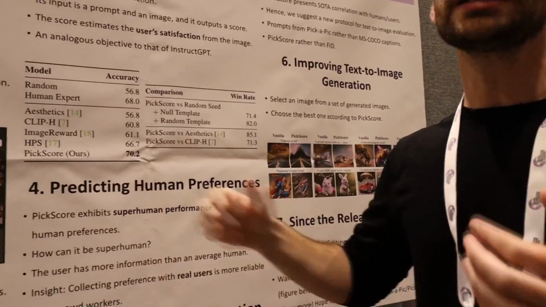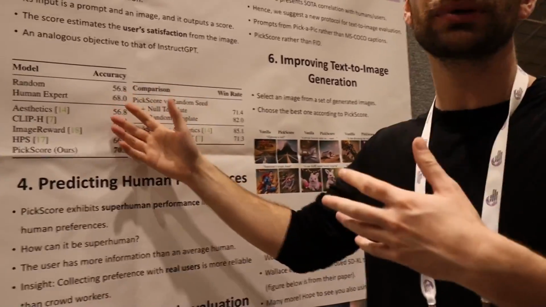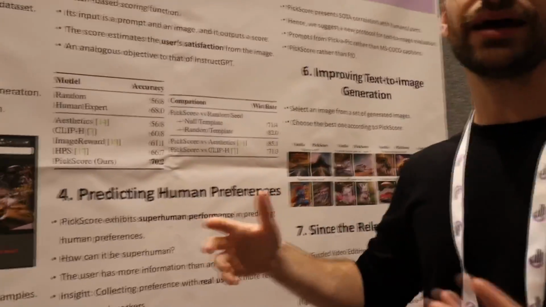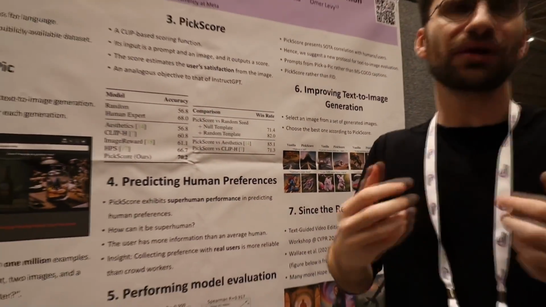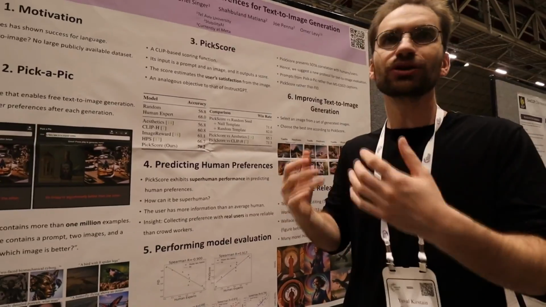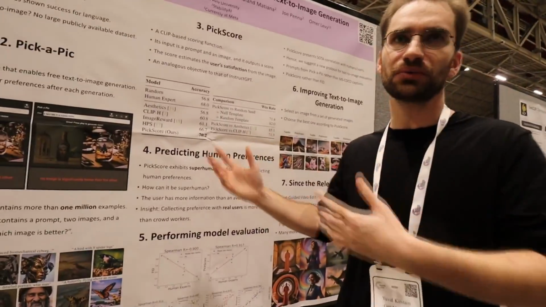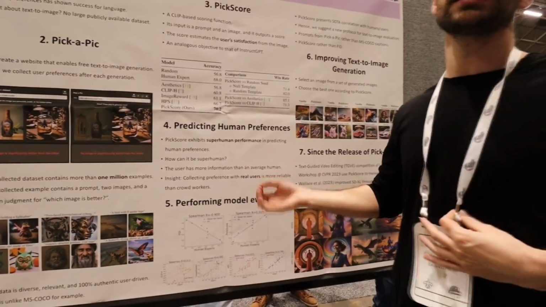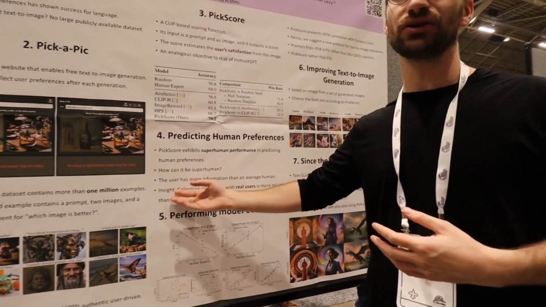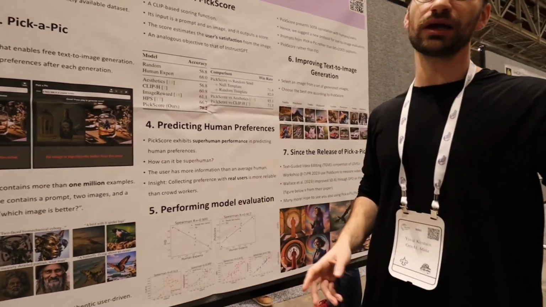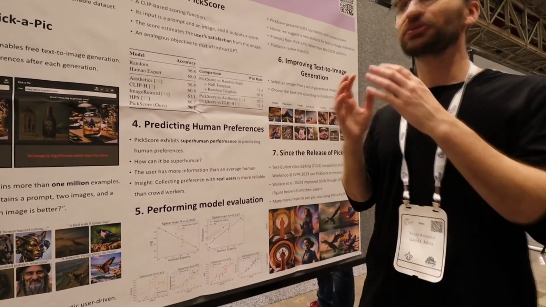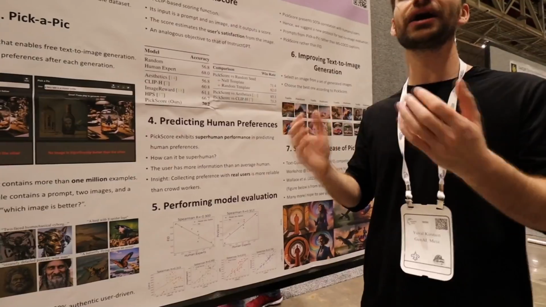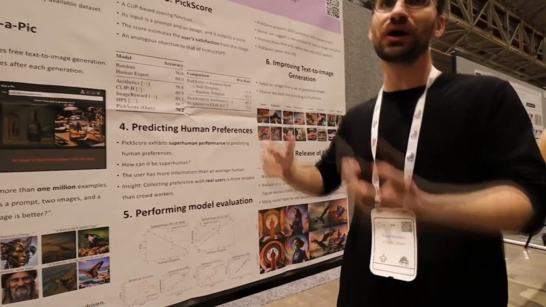The crowd worker can only get as input the prompt and the images. They don't know what the user had in mind, what they envisioned, and the model needs to pick up on that, or the crowd worker. So I think that it shows an important insight, this fact that you also probably saw in Open Assistant, that real users can provide you with much higher quality data than crowd workers.